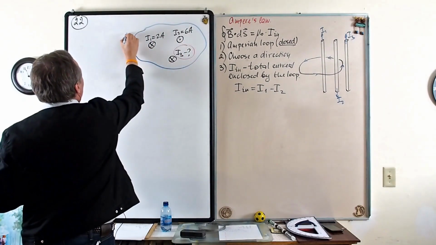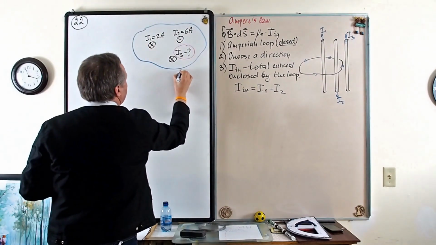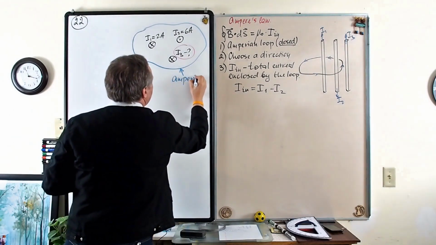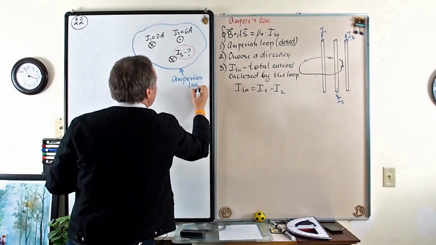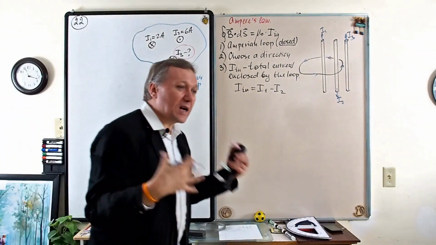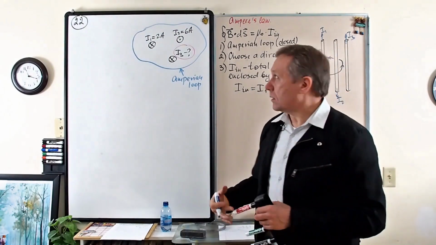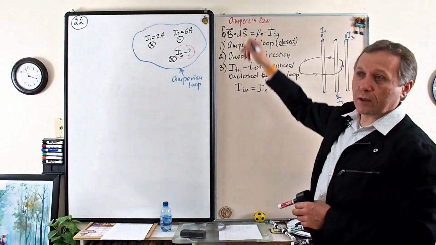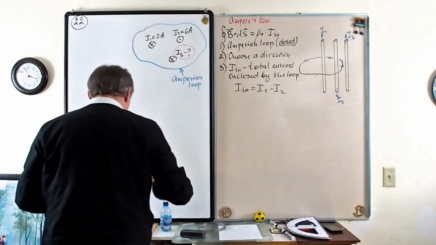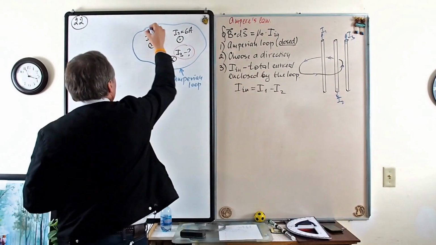So that is our Amperian loop, let me write it here. And you see it is closed. Amperian loop must be closed. Otherwise, it would be illegal to use this Amperes law. Then the direction was also given for us.